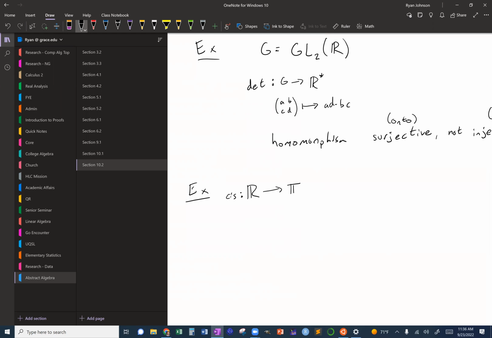It basically takes a real number theta and sends it to cis theta, which is basically the same as cosine of theta plus i sine of theta. And one of your homework problems was to show that cis preserves addition, which was proving that this function is a homomorphism.